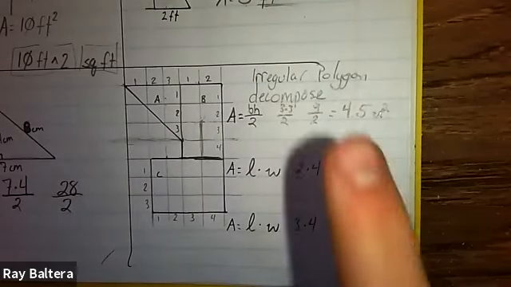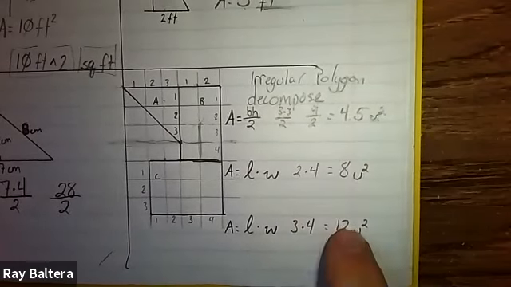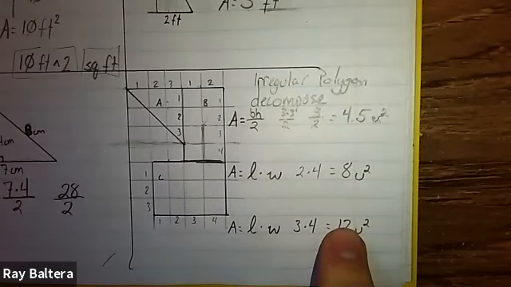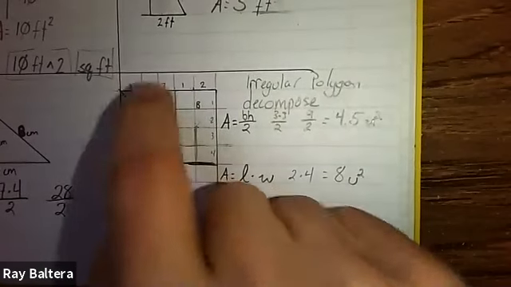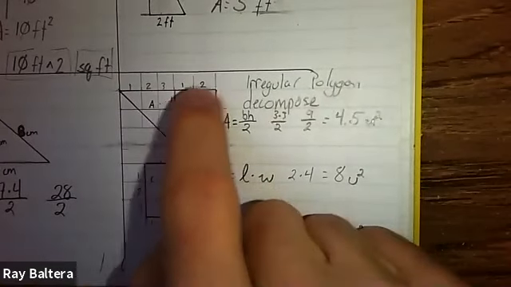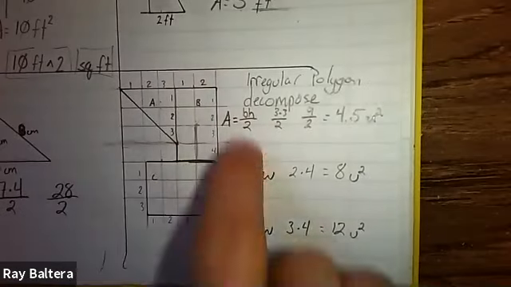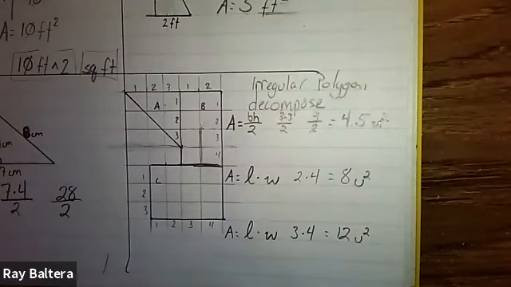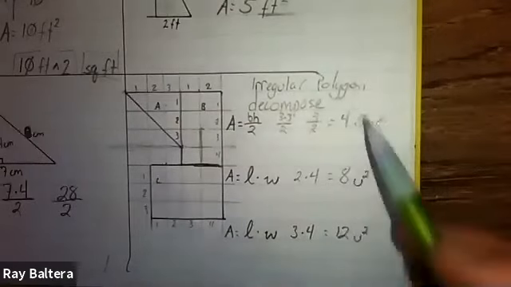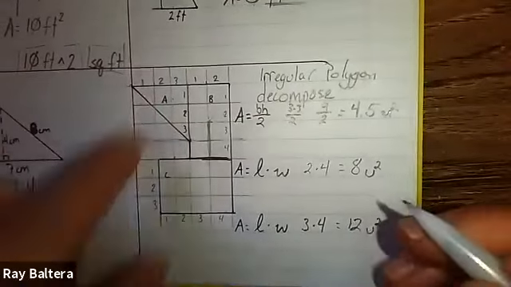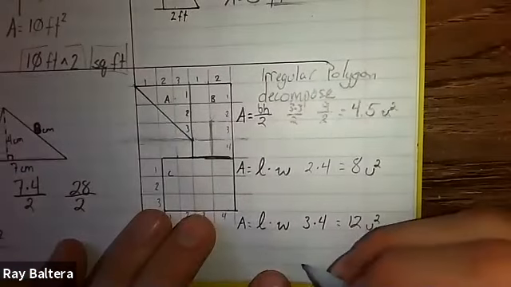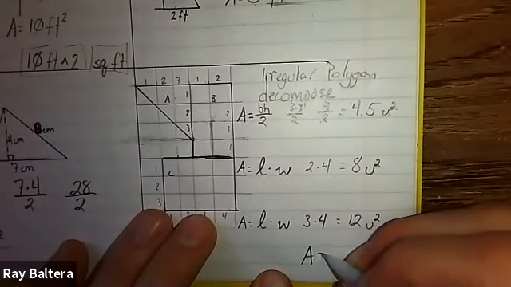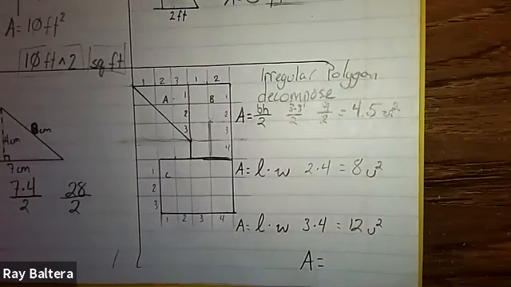Now, this is not a complete answer. I need to find the area for this entire shape. Using these areas here, how would I find the area for the entire shape? Uriel, what do you think?